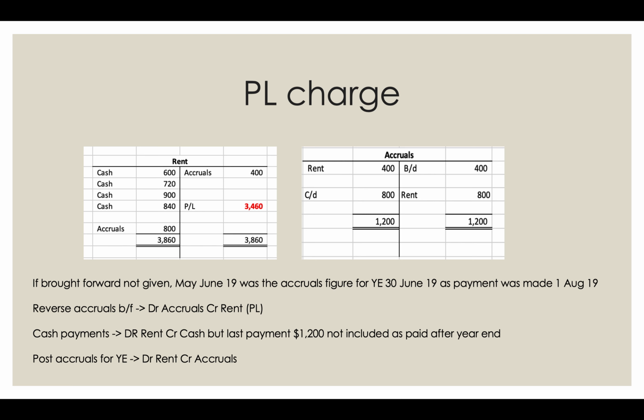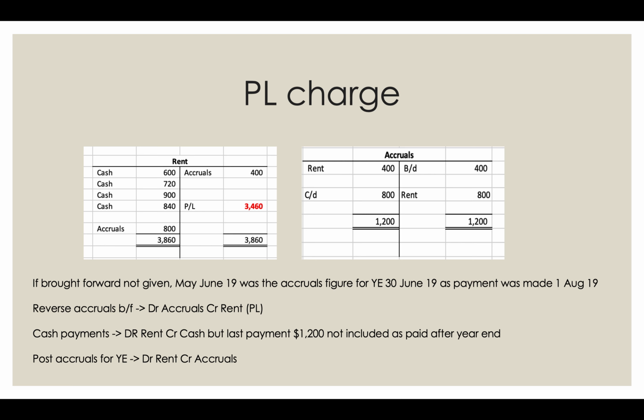A quicker way in the exam, if you want: if you know it is an accrued brought forward figure, then you know it will always be on the right. A carried forward figure for the year end, if you know it is accruals, then it will be on the left, because carried forward and then you bring down the figure here, it would be a credit balance.